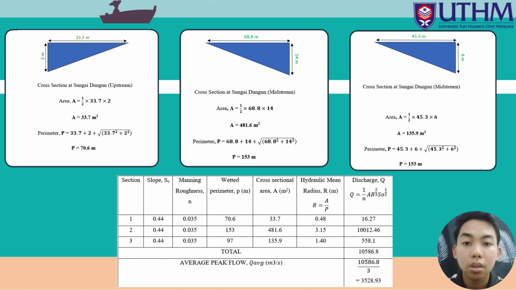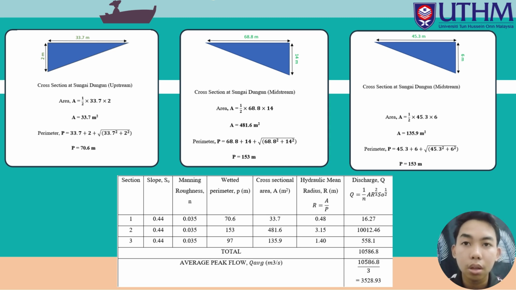The first cross-section, which is upstream, we get area 33.7 and perimeter 70.6. For the second cross-section, we get 481.6 for the area and the perimeter is 153. And the last cross-section, which is downstream, we get 135.9 for the area and the perimeter is 97.